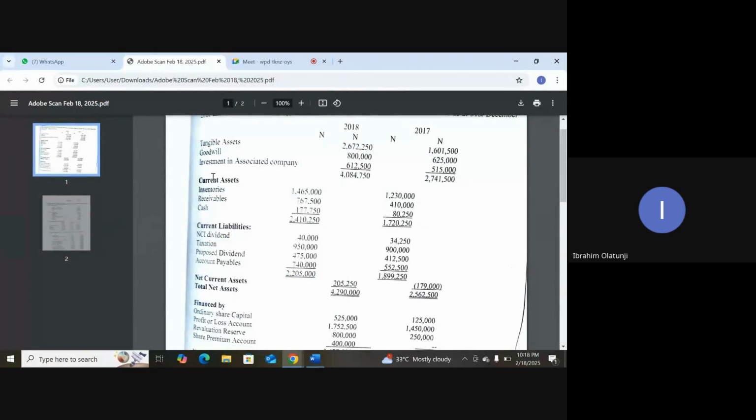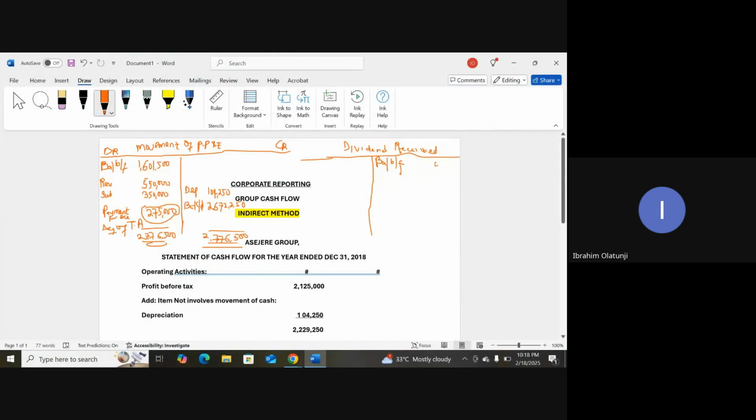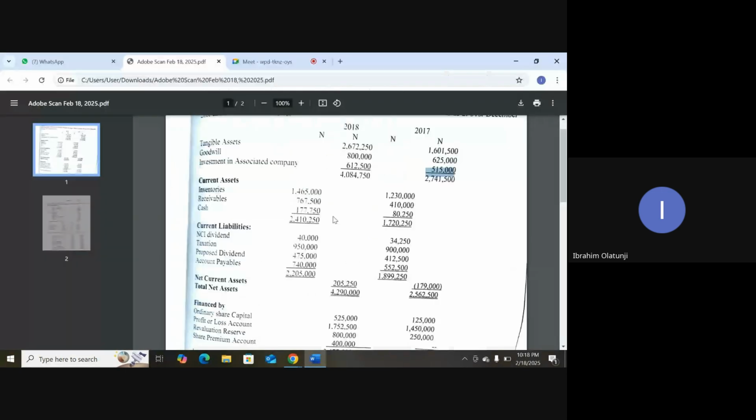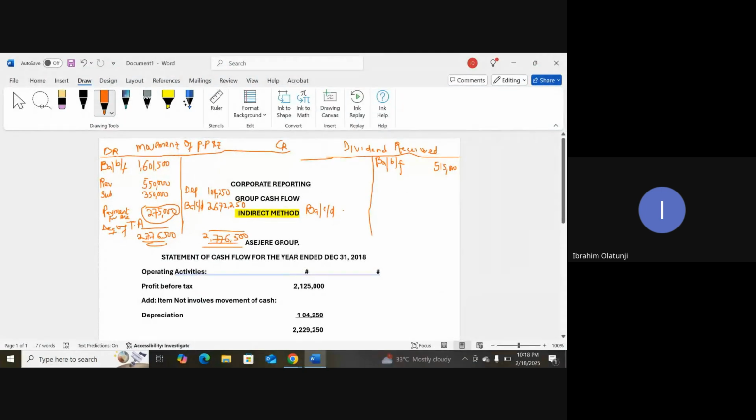Then investment in associate, my opening balance is 515,000. My closing balance, which is balance carried down, was 612,500.